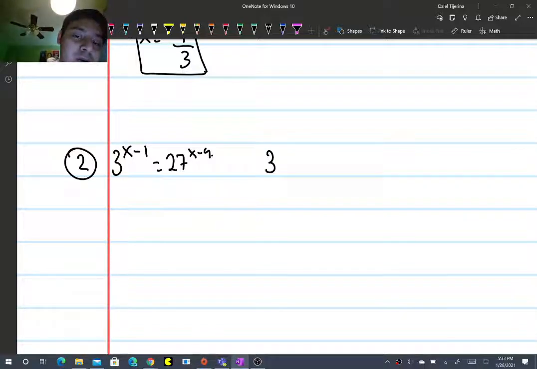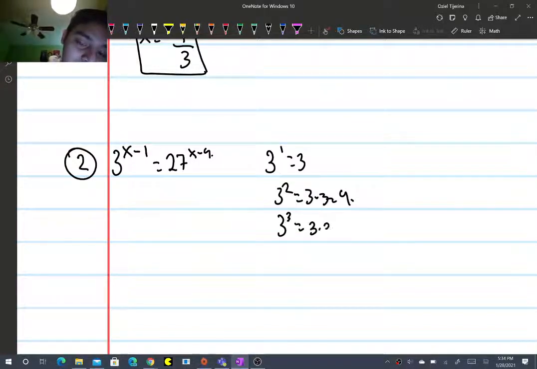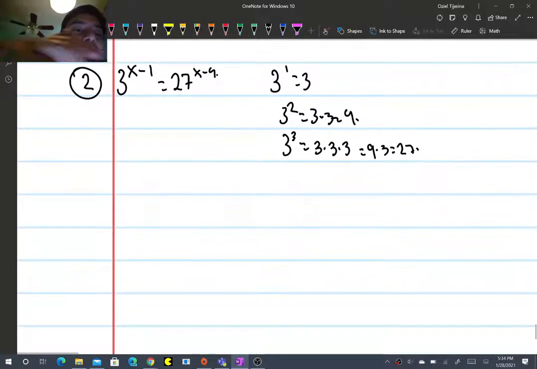If we write out our exponents, 3 to the first is 3. 3 squared is 3 times 3, which is 9. 3 cubed is 3 times 3 times 3, which is 9 times 3, which is 27, right? So we can change this number here to 3 cubed.